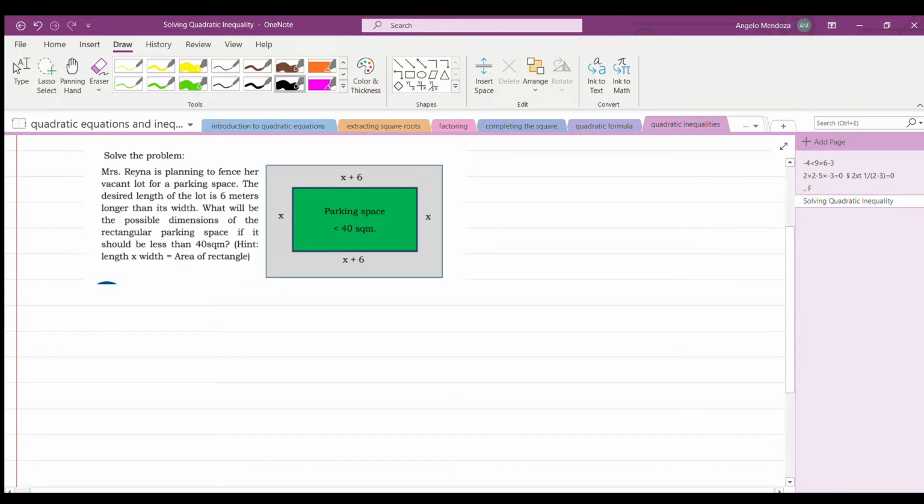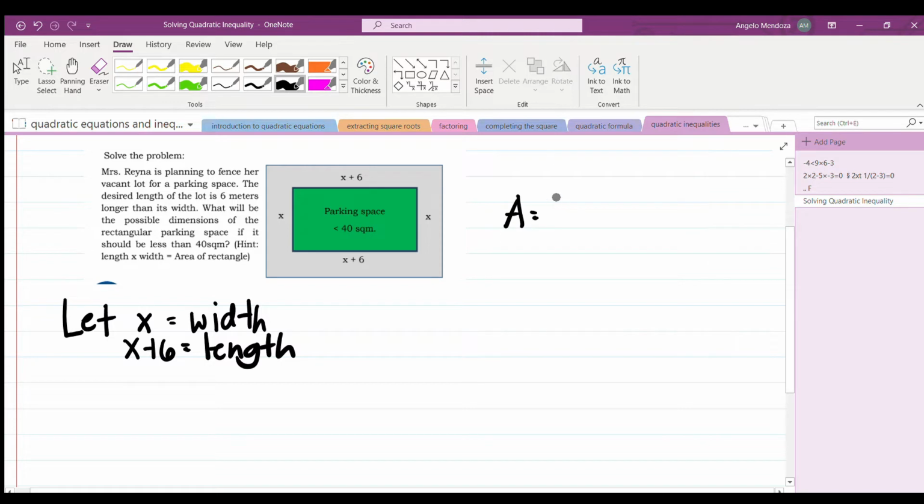So what we're going to do is let x be our width. Then you have x plus 6 as your length. And we have the hint here that the area is equal to length multiplied by width, since it is a rectangle.